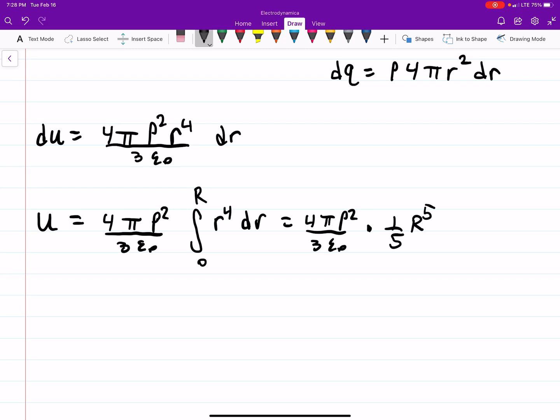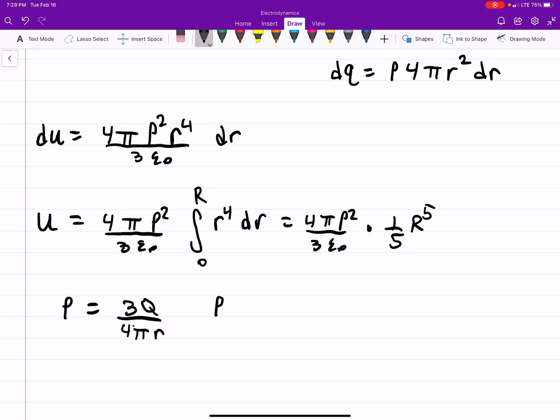rho squared. We need rho squared, right? Well, rho is simply 3q over 4 pi r, so it's our charge over our volume.